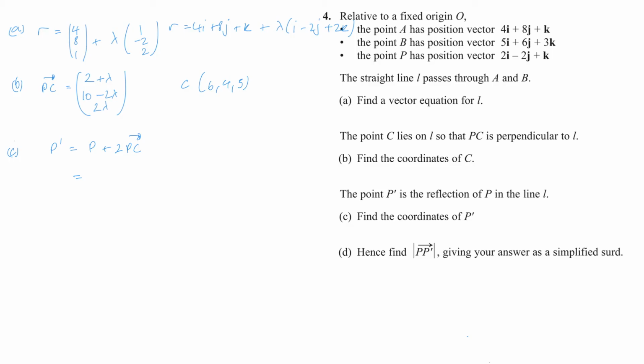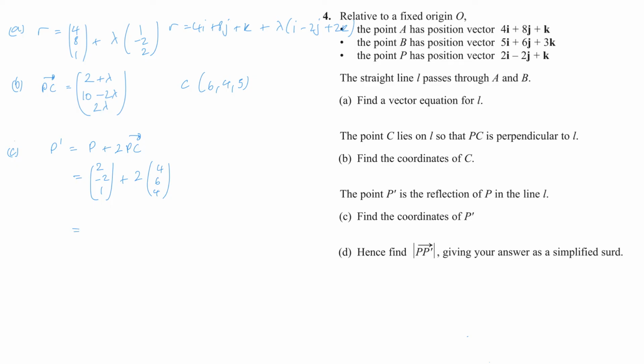And P is 2, minus 2, 1 plus 2 lots of PC, and this is 4, 6, 4. So it's just, you know, lambda's 2, so 4, 6, 4. And then I've just got to add these up.